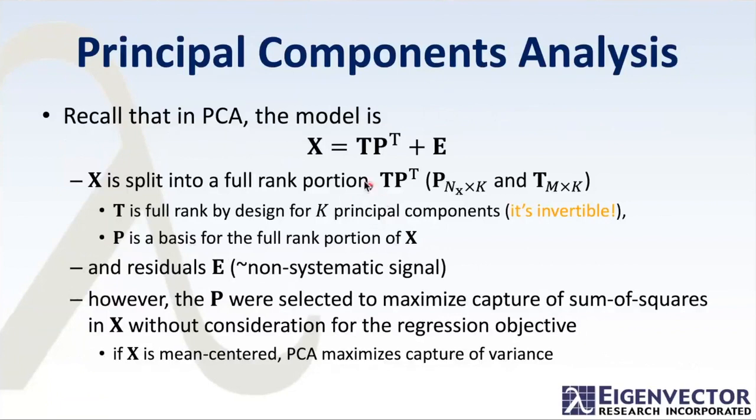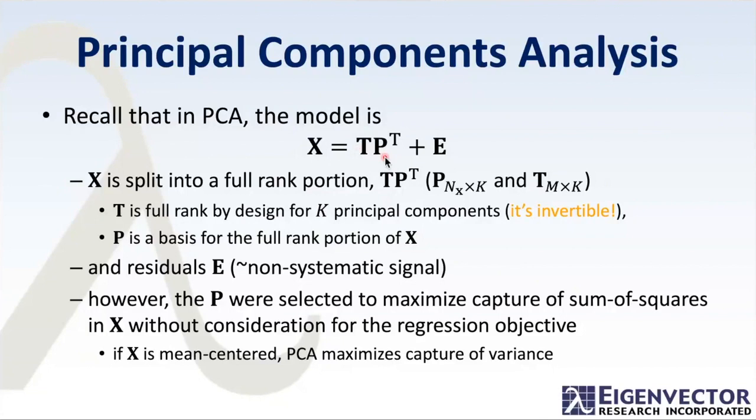And the whole idea, remember, from PCA is that you have your X block and you decompose it into scores and loadings. We build our PCA model intentionally so that this portion of the decomposition is full rank and it is invertible, so we can solve the problem.